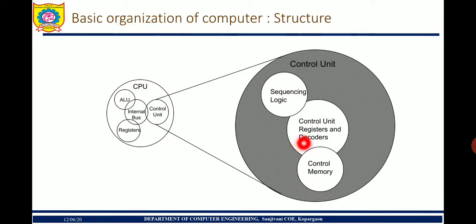Control unit registers and decoders are there which will decode those instructions coming for execution. Decoding means finding its meaning. Like a plus b: if we decode, it means the contents of a and the contents of b are to be added and we have to get the result of it. That is called decoding.